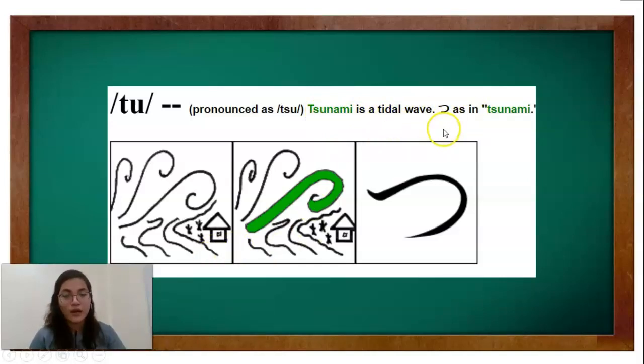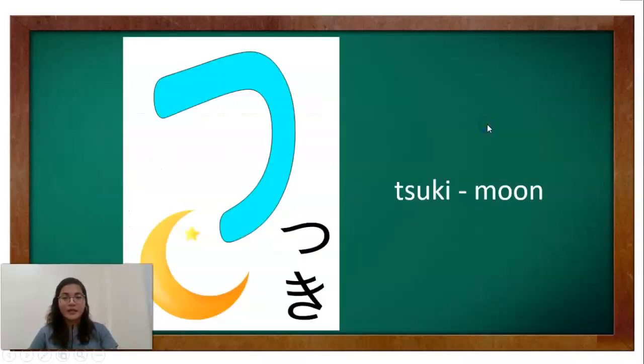So, tsu as in tsunami. Next is an example word that starts with tsu, tsuki. Tsuki means moon.